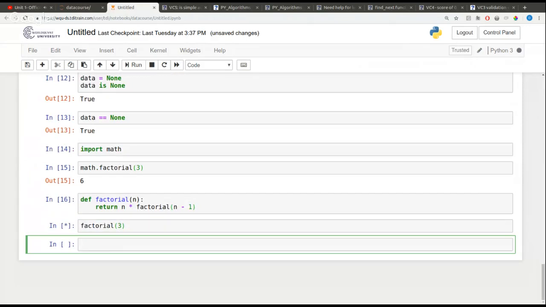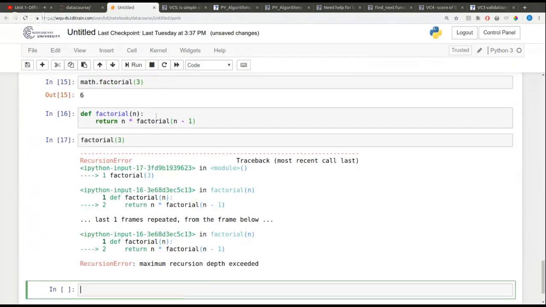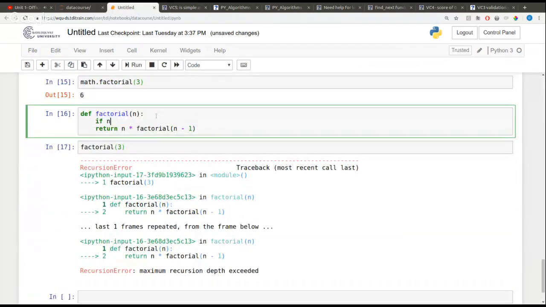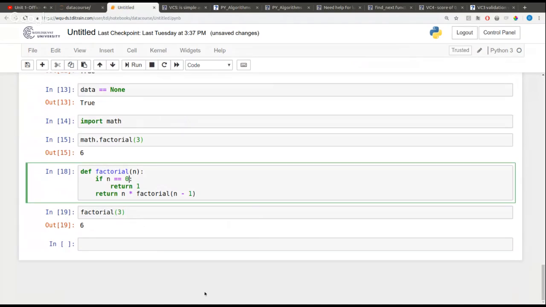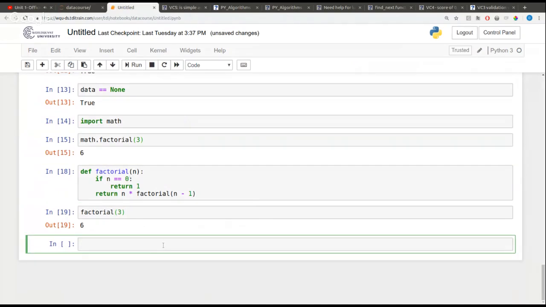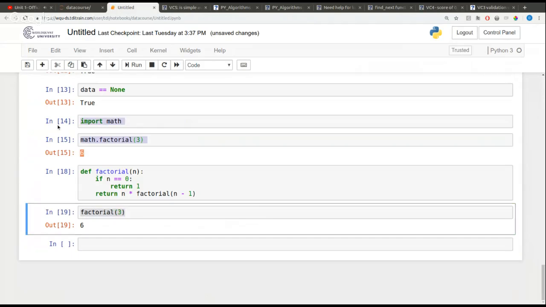This gives me, or should give me, oh, right, sorry. If n is 0, return 1. There we go. This function gives me the same result as math.factorial.